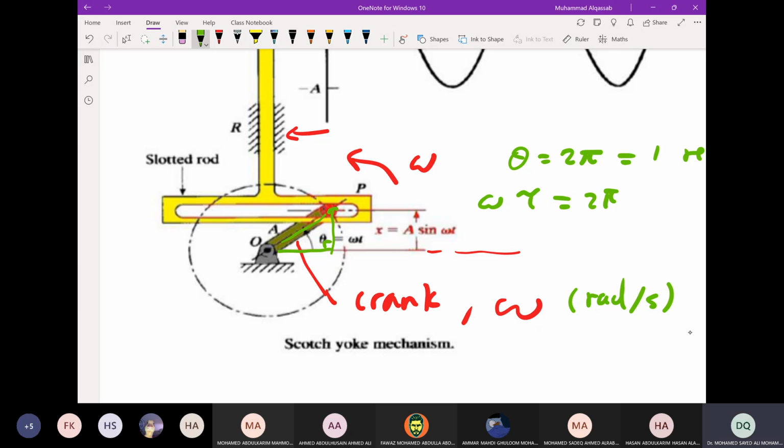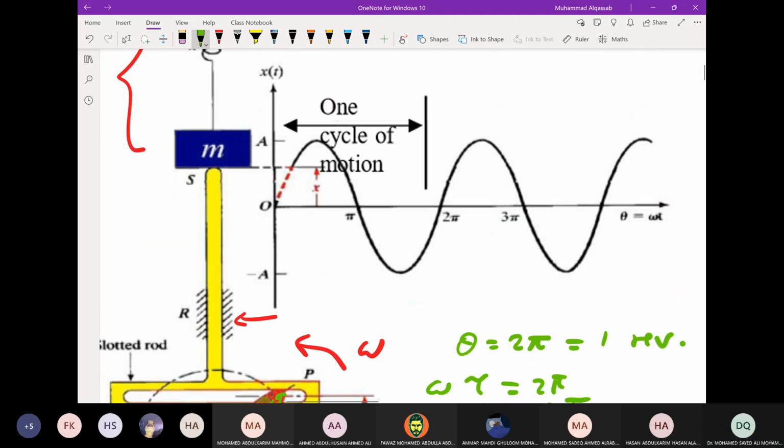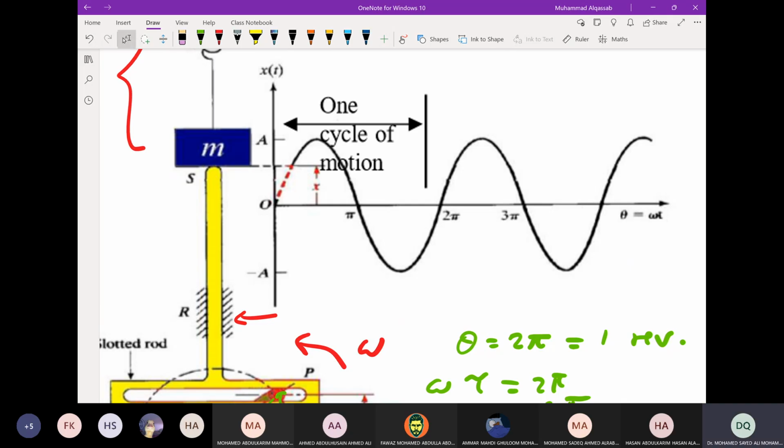And then, as you can see, omega equals 2 pi over tau, or you can find tau, which is equal to 2 pi over omega. Okay, so from the crank, we can move to the mass. That 1 complete revolution for the crank is 1 cycle of motion. Okay, this line should be up to here.